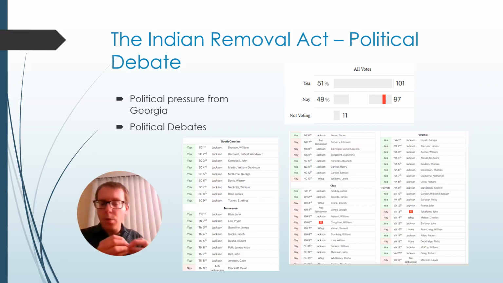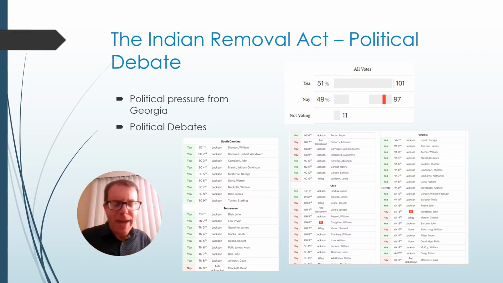And so in doing this, he's responding to the political pressure of the people who elected him, those white plantation owners in the South who want that agricultural land to grow cotton and expand slavery. And the interesting thing is that the Indian Removal Act is incredibly controversial and faces a series of very close votes in the Senate and in the House.